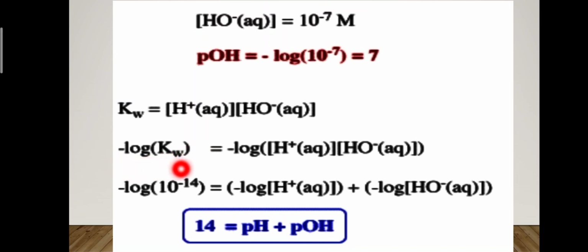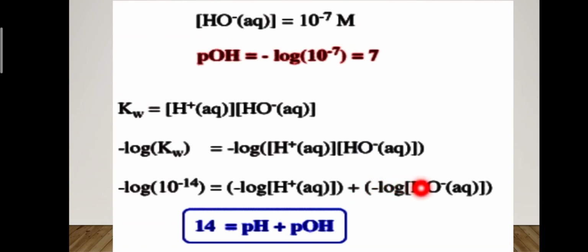Taking minus log on both sides, minus log Kw is equal to minus log of the molar concentration of H positive multiplied by the molar concentration of OH negative. Minus log of 10 raised to the power minus 14, because the value of Kw is 10 raised to the power minus 14.